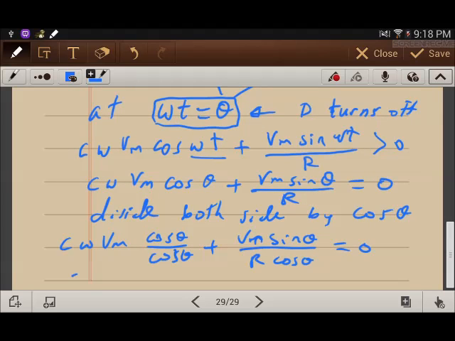So we will get C omega V maximum, this is 1, plus V maximum, this is sine over cosine, which is tan theta, equal to 0.